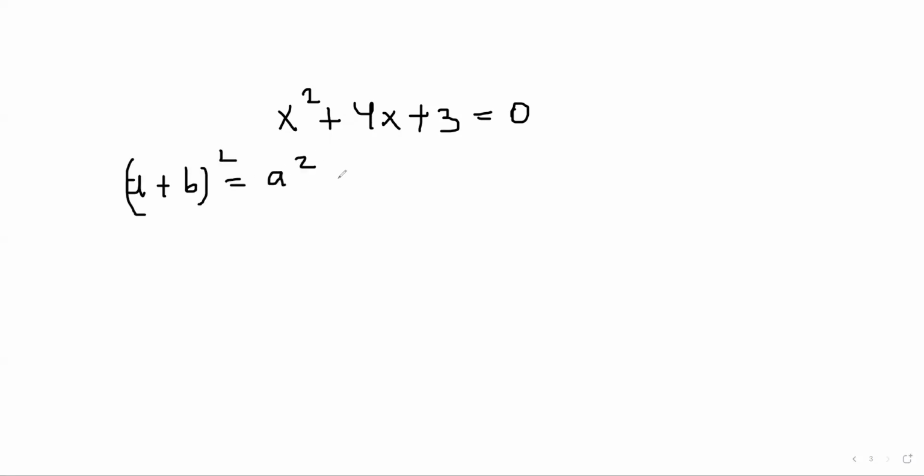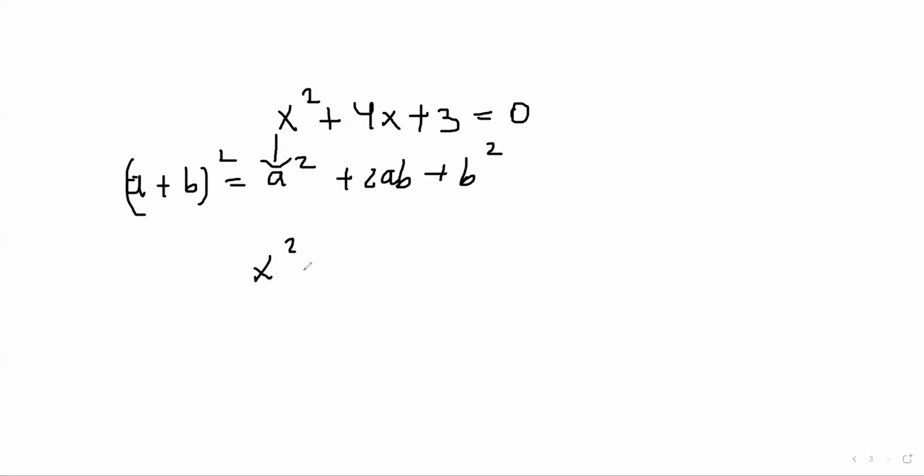Now let's go on with application. Suppose that we have such an equation: x squared plus 4x plus 3 equals 0. Let's solve this quadratic equation. So if we write our formula, (a plus b) squared again is equal to a squared plus 2ab plus b squared. Looking here, we can see that our a corresponds to x.